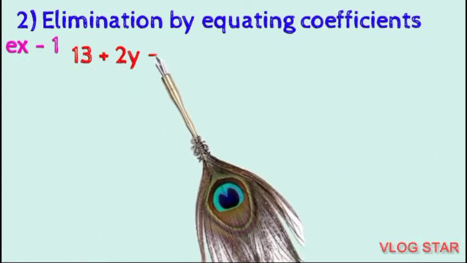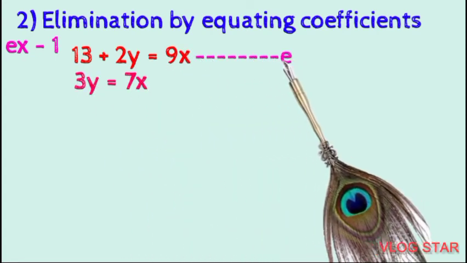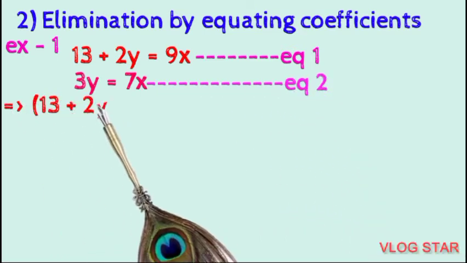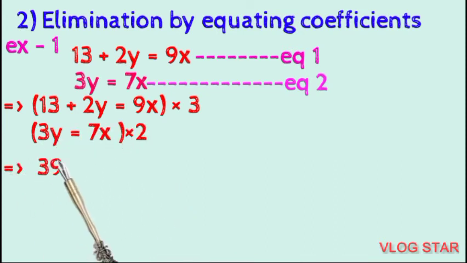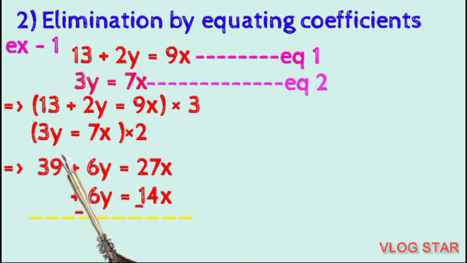Example 1. 13 plus 2y equal to 9x. 3y equal to 7x. Equation number 1. Equation number 2. 13 plus 2y equal to 9x, multiplied by 3. 3y equal to 7x, multiplied by 2. 39 plus 6y equal to 27x. 6y equal to 14x.